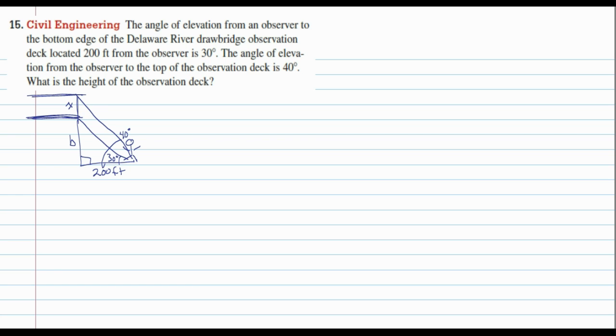So I'm going to set up two expressions again. The tangent of 30 degrees is going to be its opposite over adjacent, b over 200. Then the other one, the tangent of 40 degrees, is going to be its opposite, which is x plus b over 200.